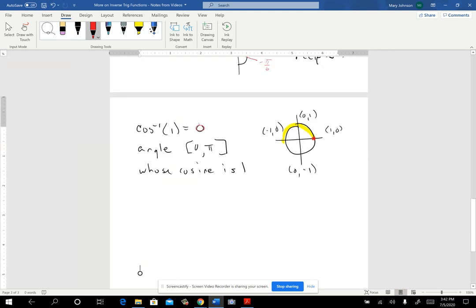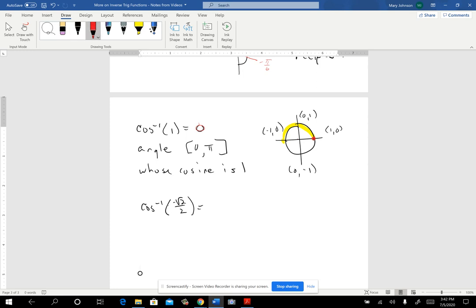All right, I've got cosine inverse of negative square root of 2 over 2. So the answer is going to be an angle somewhere between 0 and pi that has a cosine equal to negative square root of 2 over 2. I'm going to use the picture from above.